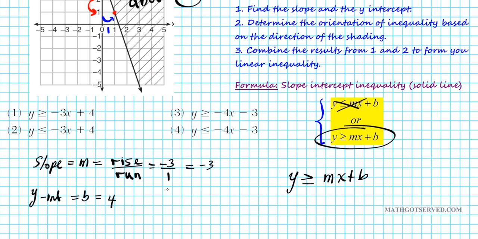We're going to input these values into this equation right here. Okay. So we have y is greater than or equal to -3x plus the b value, which is 4. Okay, so just take this -3, put right here, and then take 4 and put it on the b spot. Okay, and then you have y is greater than or equal to -3x plus 4.